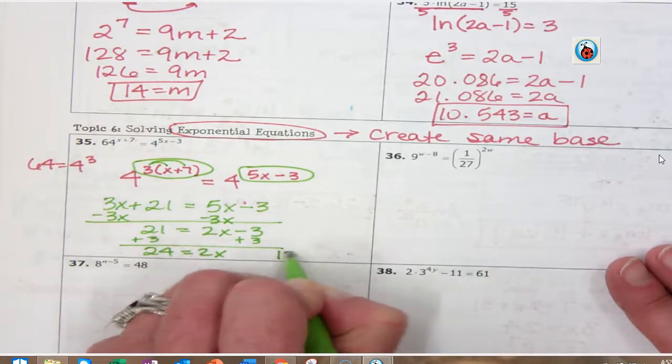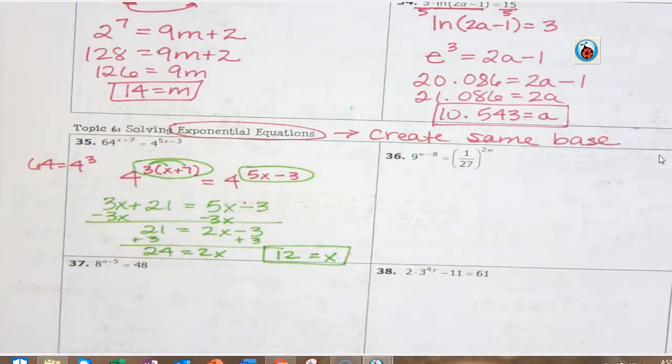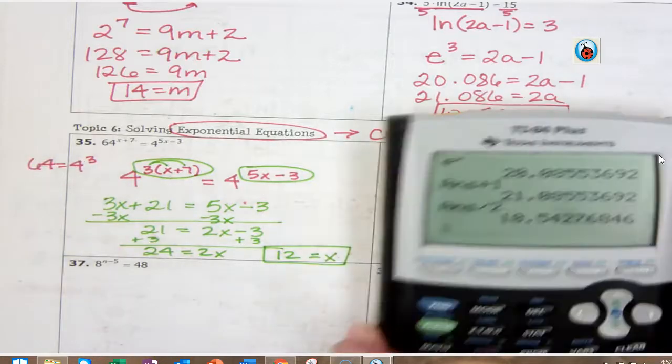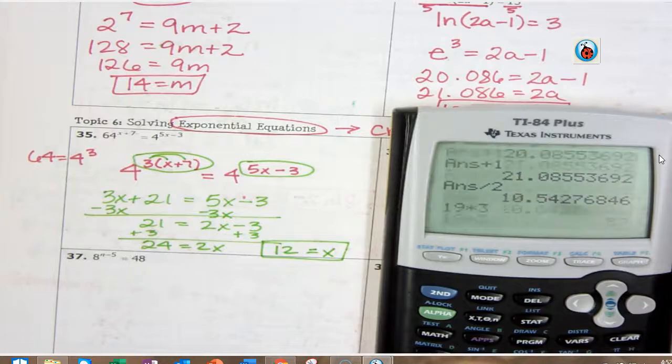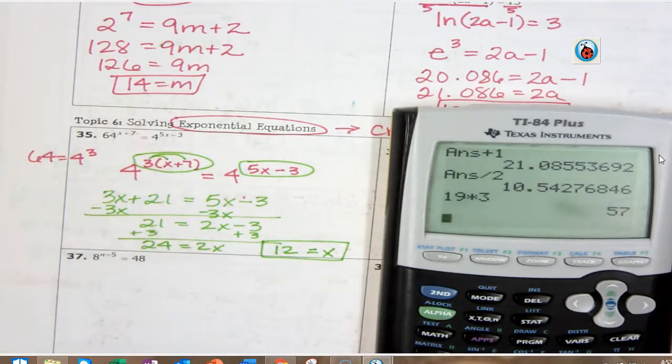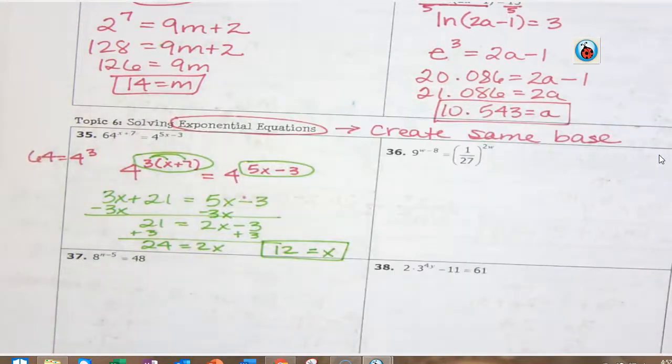Divide by 2. x is going to equal 12. And I can pop that back in here real quick. 12 plus 7 is 19 times 3 is, goodness gracious, I'm having a hard time. 19 times 3 is 57. 12 times 5 minus 3, that should be 57. I've checked my answer. All right.